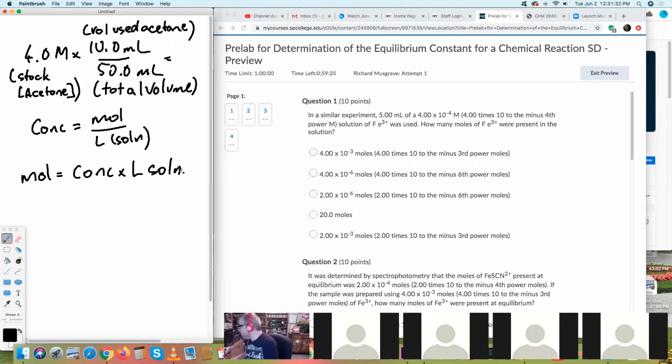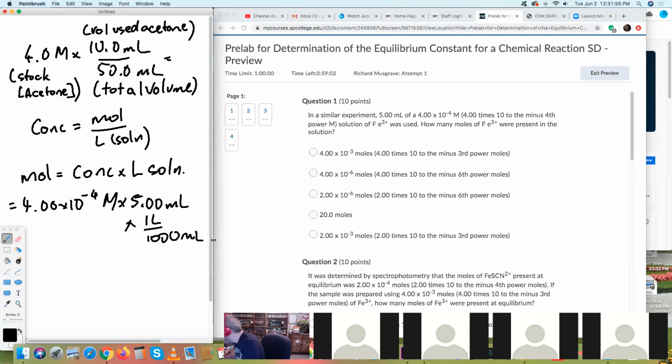We've got the concentration, which is 4.00 times 10 to the negative 4 molar, times the liters of solution, but we've got milliliters here, so it'd be 5.00 mL times 1 liter over 1,000 mL. That will end up giving us the correct number of moles.